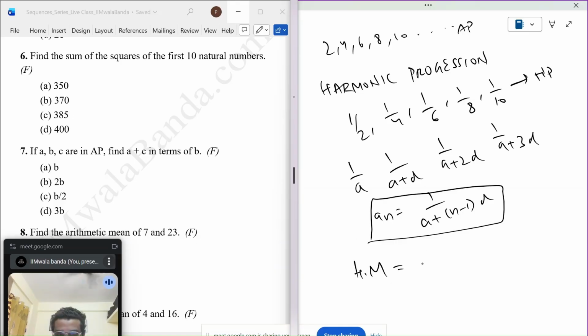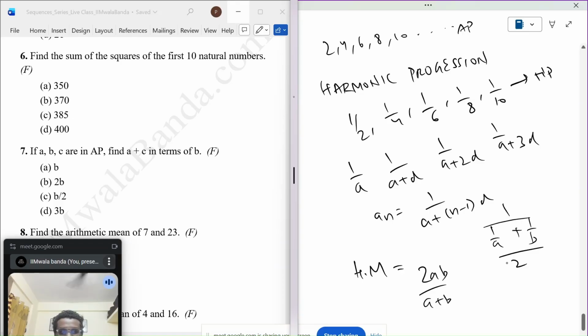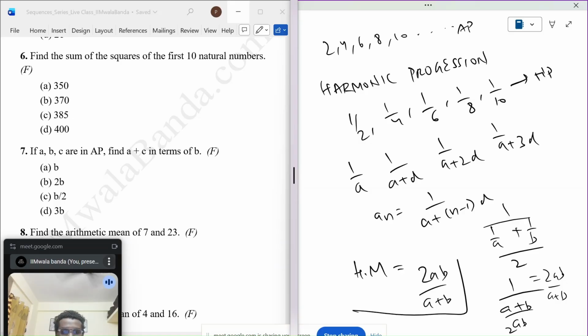Similarly, harmonic mean, if you have to find out, it will be basically the reciprocal of this, correct? So it will be 2ab upon a plus b. How? 1 by a plus 1 by b upon 2, and that too reciprocal. So a plus b upon ab, 2ab, or 2ab upon a plus b. This also you can remember as the formula for harmonic mean.